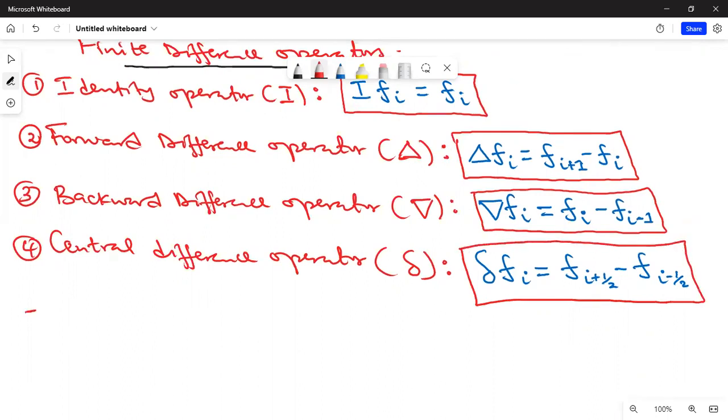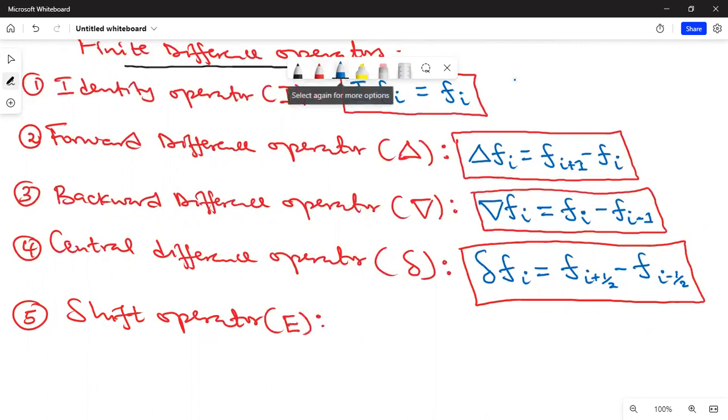That's number 4. Number 5, we have what is called the shift operator, denoted by E, and it is defined by E of fi should be able to give us f subscript i plus 1.